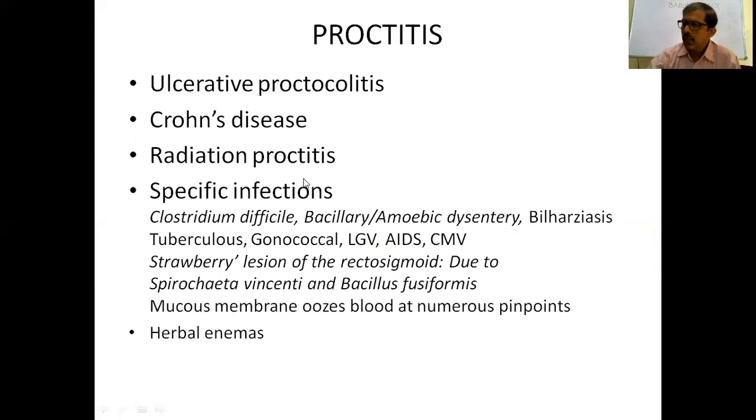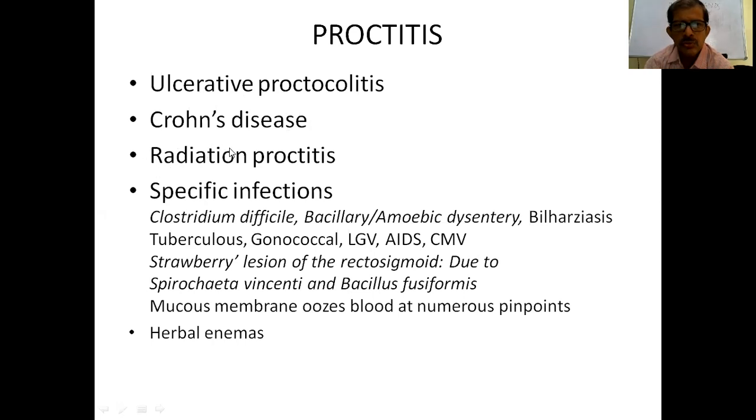Now we will go to the other lesion, that is proctitis. You might have already heard about ulcerative proctocolitis. So that will start in the rectum. Then you have Crohn's disease, which can affect the rectum, though it is mainly a colonic problem.